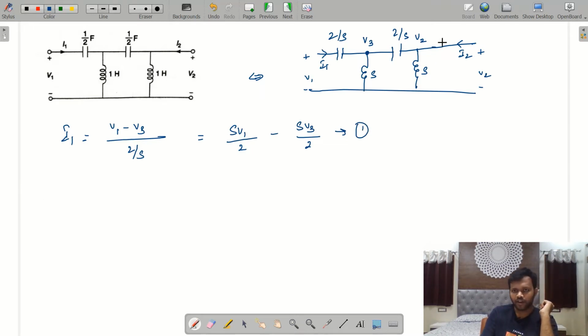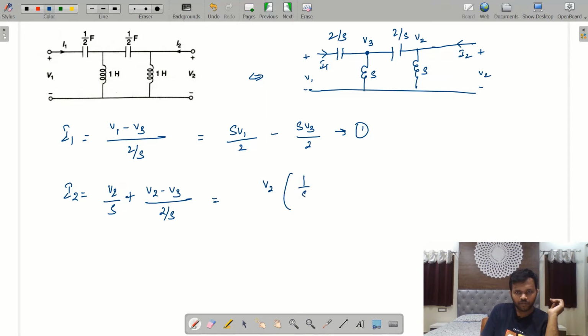Now the output current I2 is dividing into two parts, this current plus this current. I2 equal to, what is the current flowing through this S? Voltage divided by its impedance, that is V2 divided by S, plus V2 minus V3 divided by 2 by S. So which will be equal to V2 into 1 by S plus S by 2, minus V3 into S by 2.